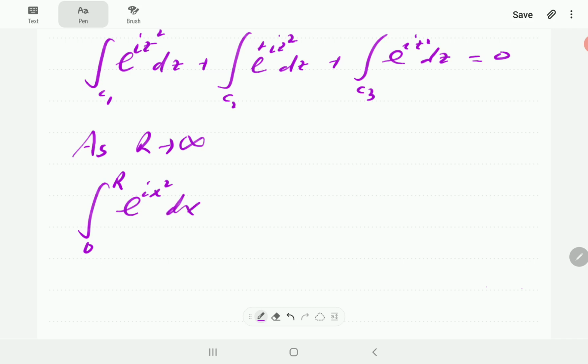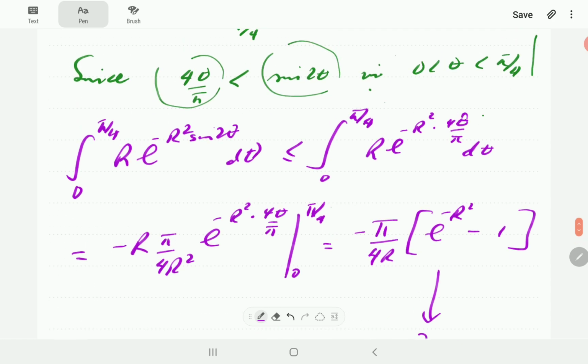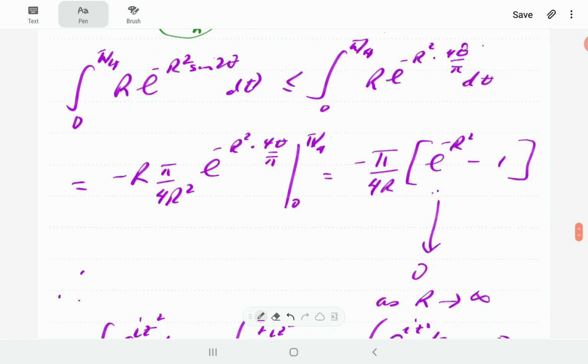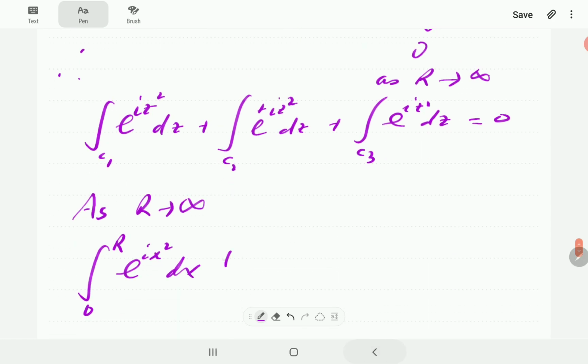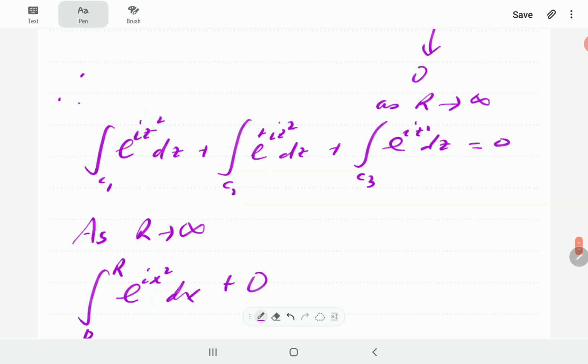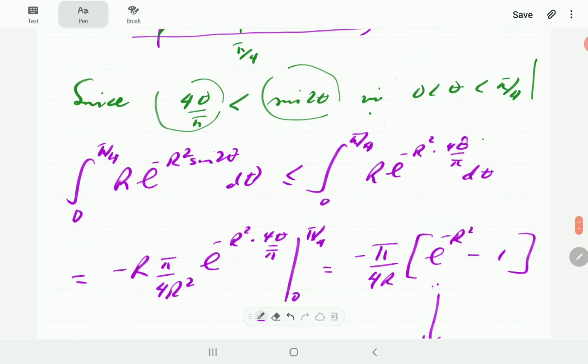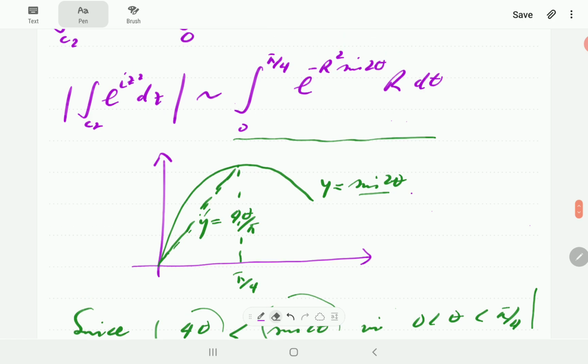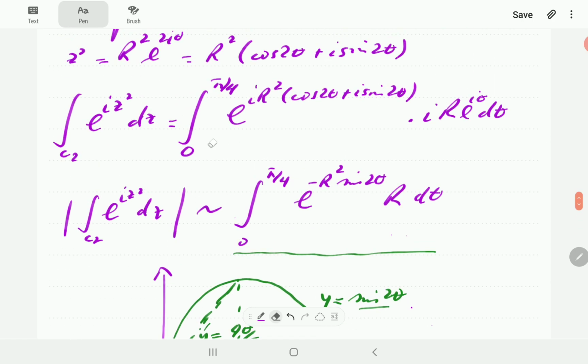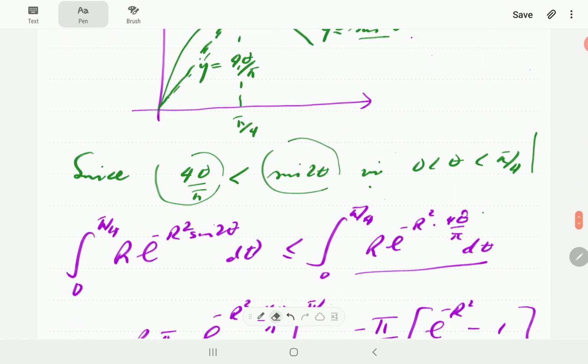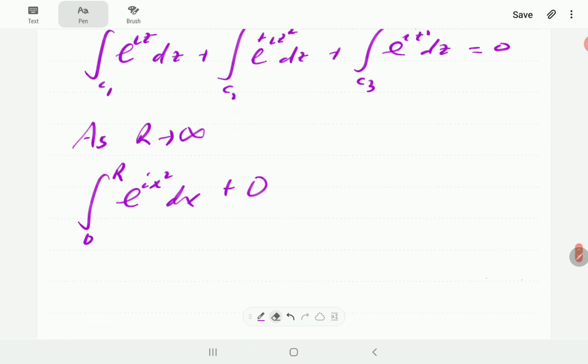The second one, along C2, is this one here. We've already shown that that one goes to 0, because this integral, which is bigger than this one, goes to 0, which means the integral we started with here will also go to 0.